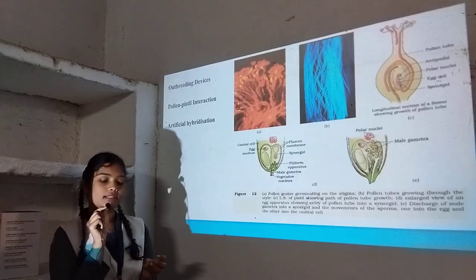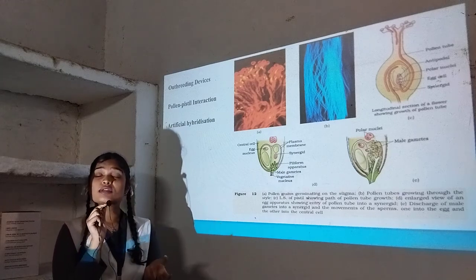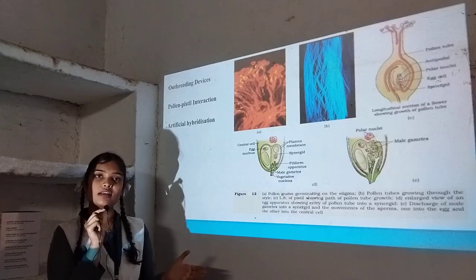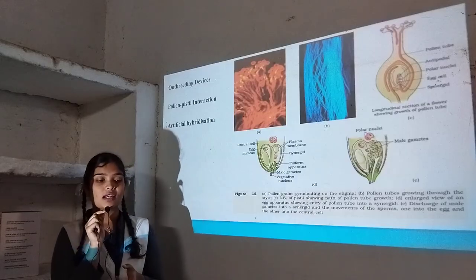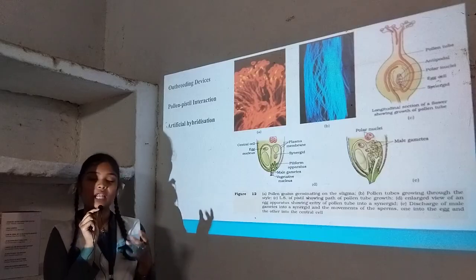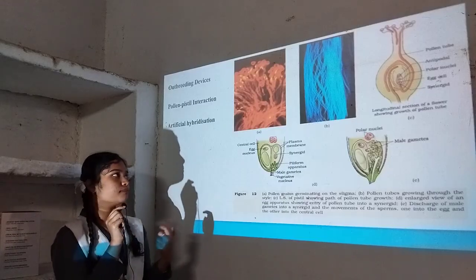Fourth is the production of unisexual flowers, in which the staminate flowers are different and the pistillate flowers are different, so no self-pollination will occur, and the example of unisexual flowers is papaya.